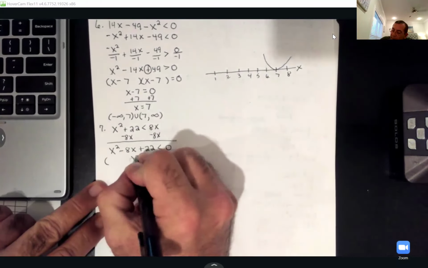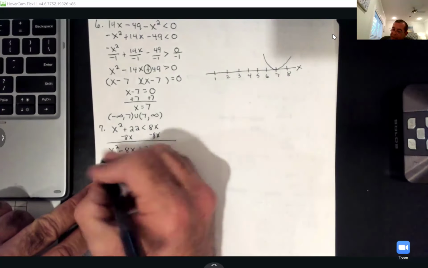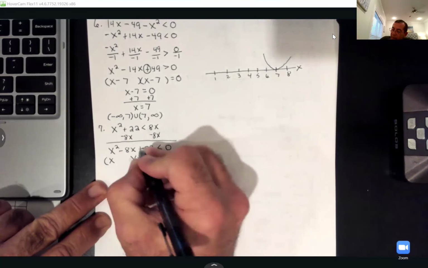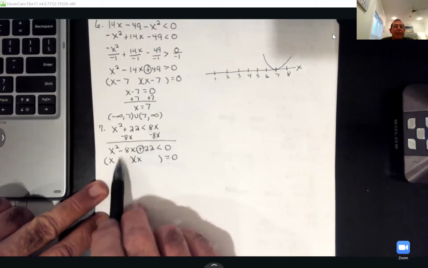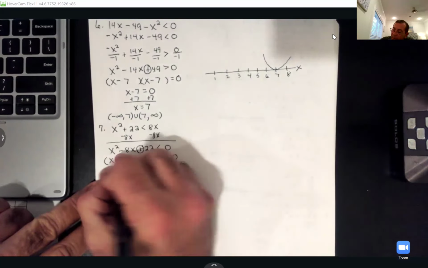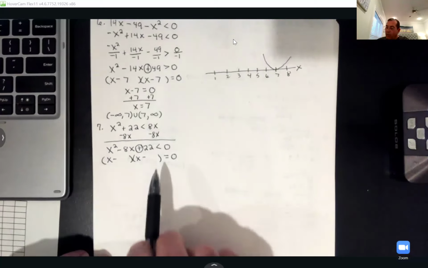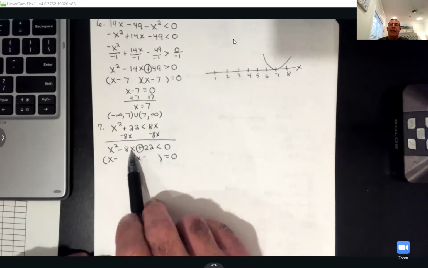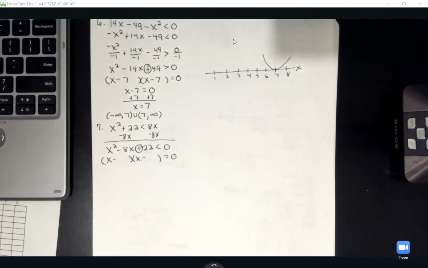All right. So if we're going to factor it, x squared will be an x and an x. This is positive. So positive means both factors will be negative like the middle. All right, y'all. So what I need are, looks like factors of 22 that'll add to get me an 8. So what factors of 22 will add to get an 8? 5 and 3.